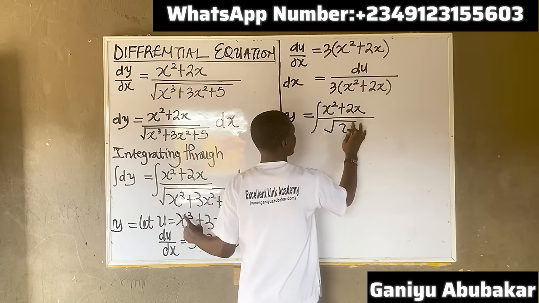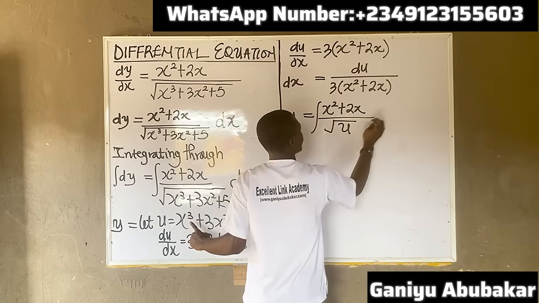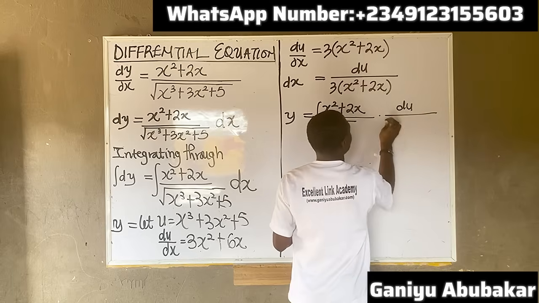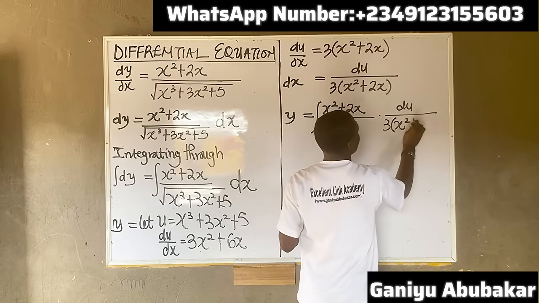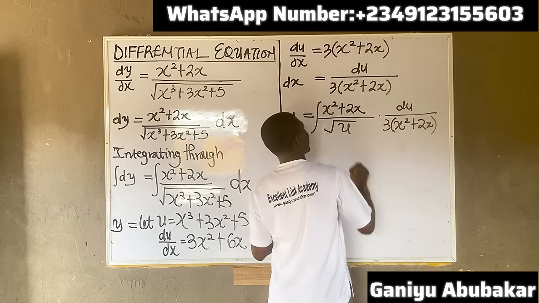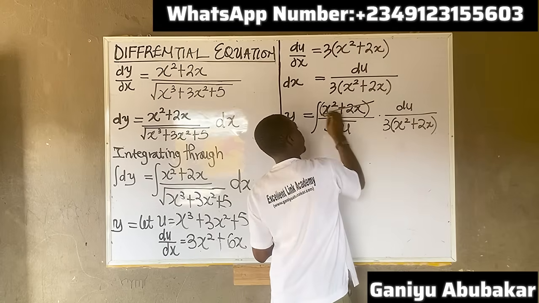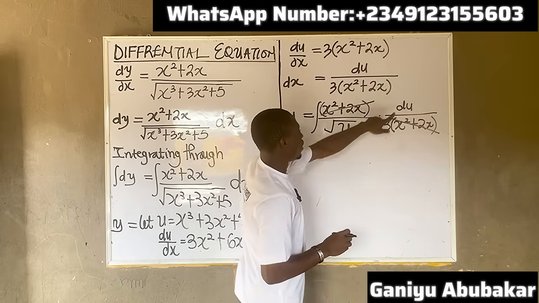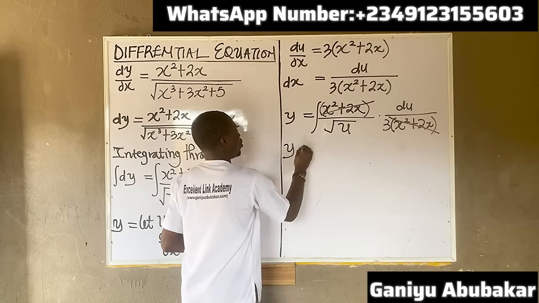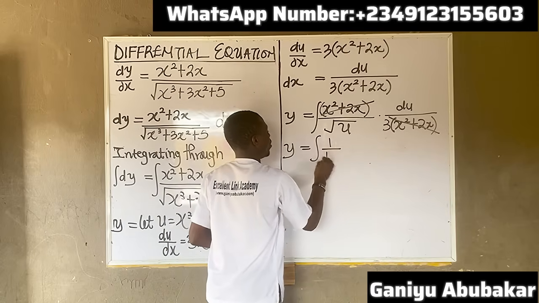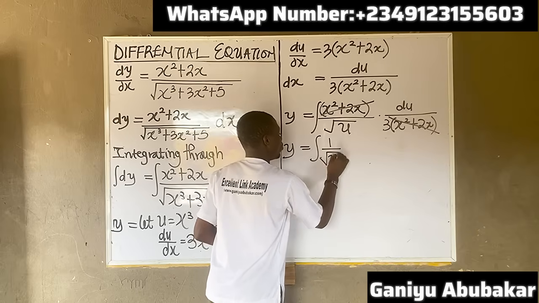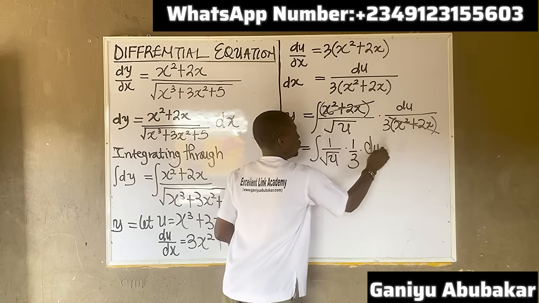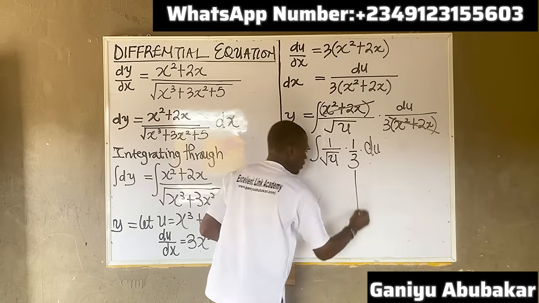That gives you root u, and dx gives you du all over 3 into x squared plus 2x. But observe this one here, we'll cancel this one here. So we're left with 1/3 and du, so that gives you y equals the integral of 1 over root u times 1/3 times du.